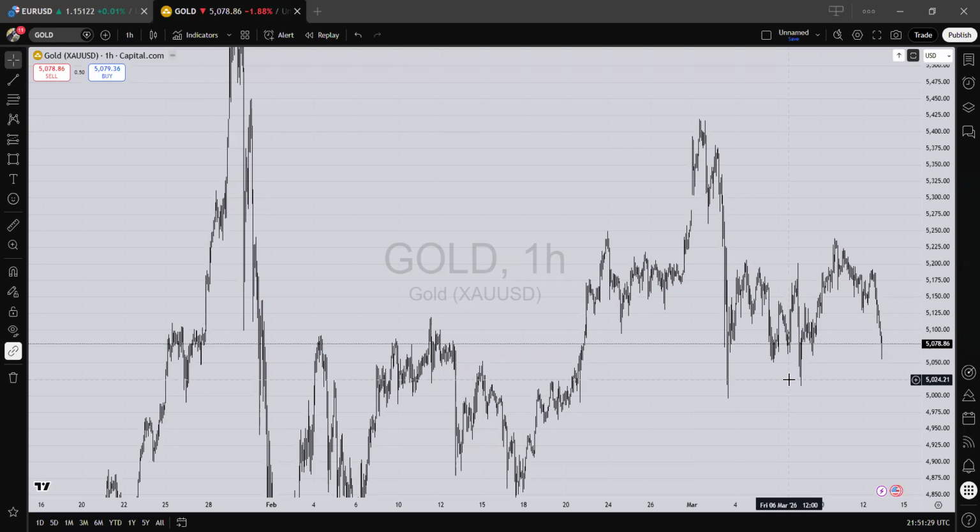Anyways, talking about market structure, when I go to the 5 minutes, I kind of see the market structure more clearly than in the 15 minutes and the higher time frames like 30 minutes, 1 hour.